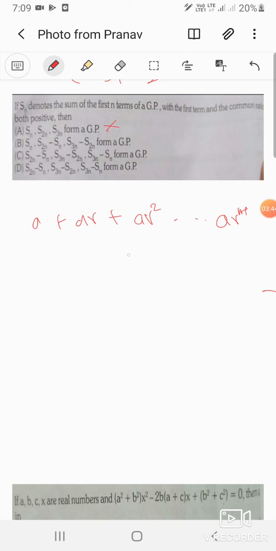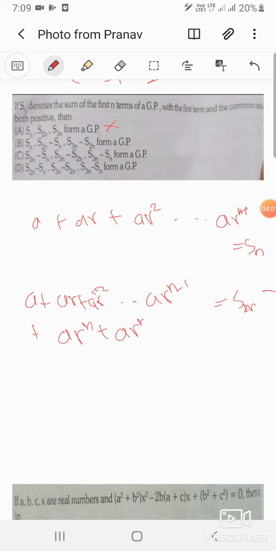That is Sn. Then what is S2n? S2n is nothing but a plus ar, keeps on going till you have ar to the n minus 1, plus a times r to the n plus a times r to the n plus 1, keeps going till you have ar to the 2n minus 1.